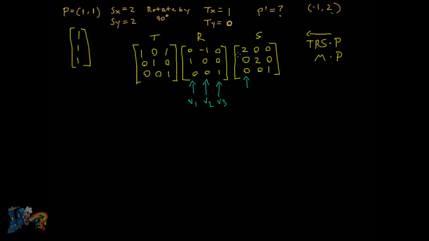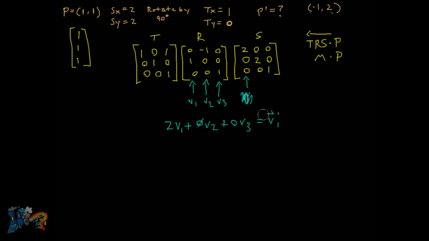Simply put, this means take 2 times the first column vector on the left side. So this would say 2 times v1 plus 0 times v2 plus 0 times v3. This equals our result, which I'll call v prime of 1.